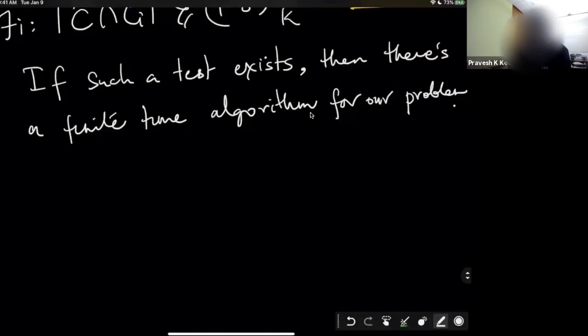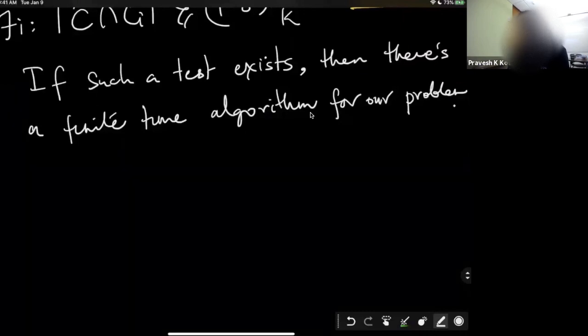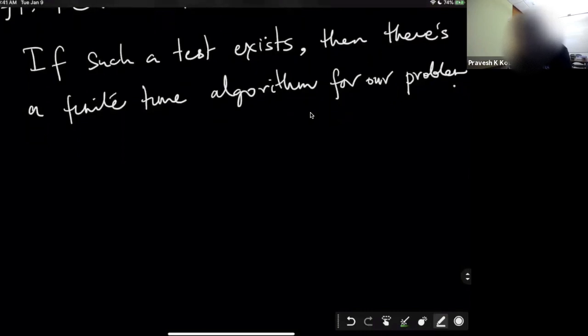So one somewhat glib way to put it would be that we are going to work in a world where somehow P equals NP, because we will design algorithms by simply designing tests, and then we'll always be able to simulate the oracle in polynomial time. Of course, that's a glib way to say it, because we are going to put additional conditions on the tester. So what conditions are we going to put? We'll see in due course of time. But let's just say it this way here.